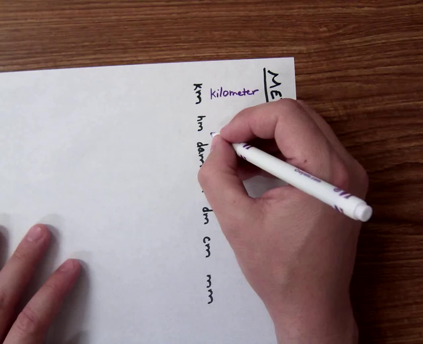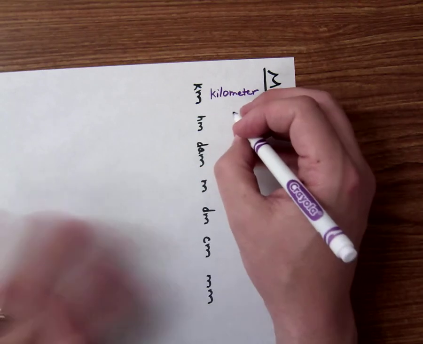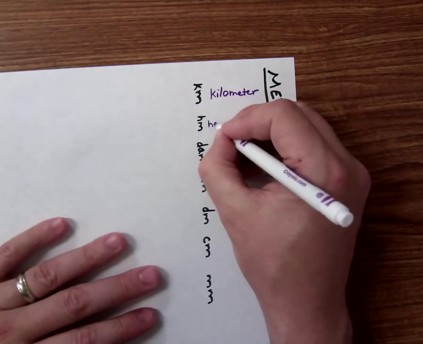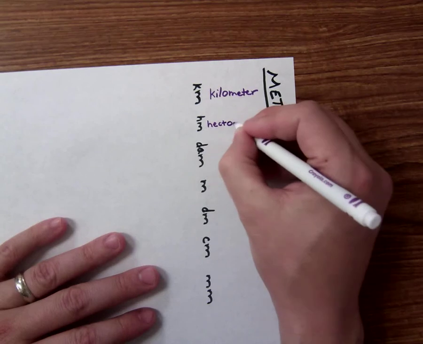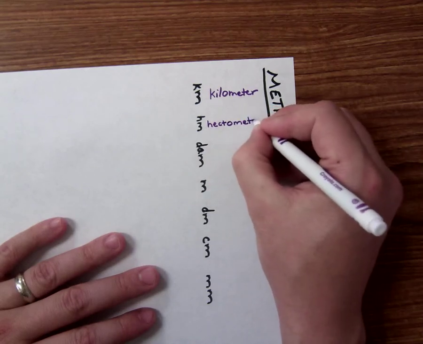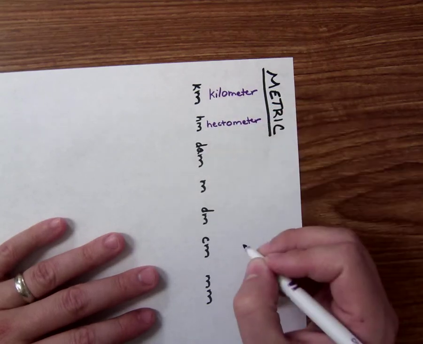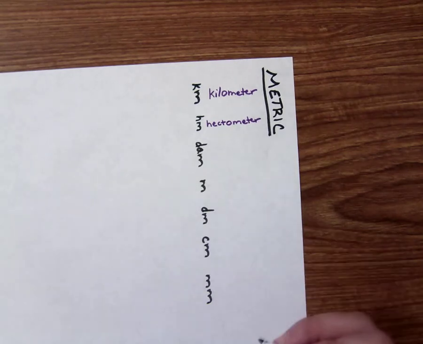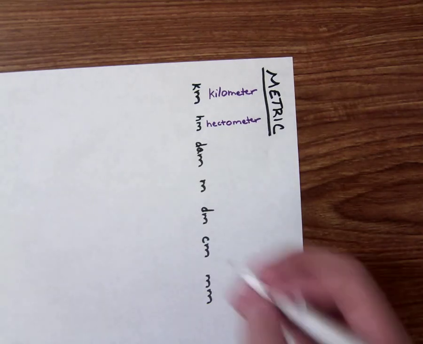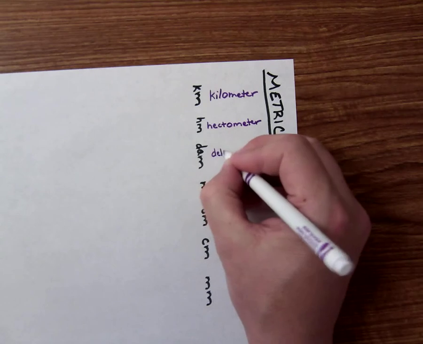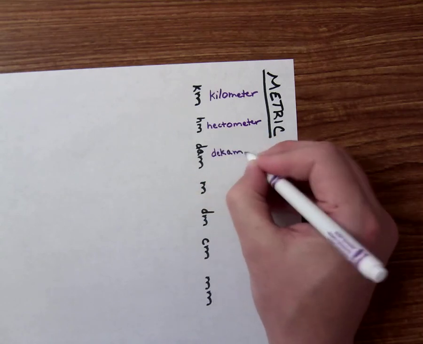HM is the hectometer. DAM is the decameter, D-E-K-A, decameter.